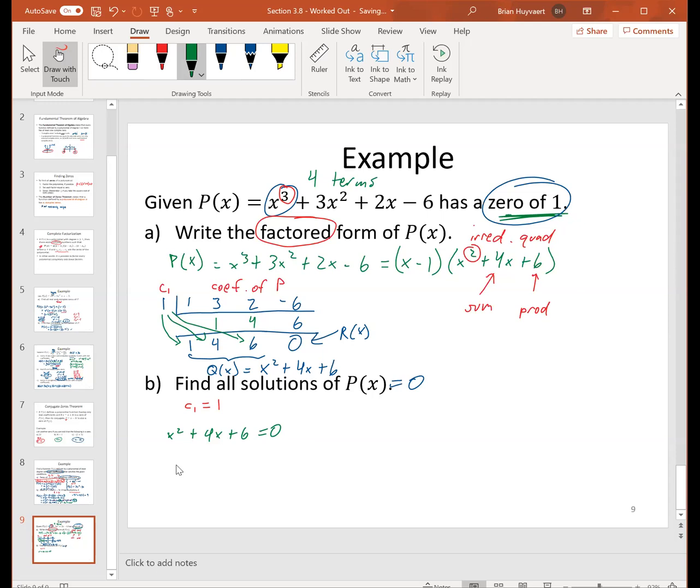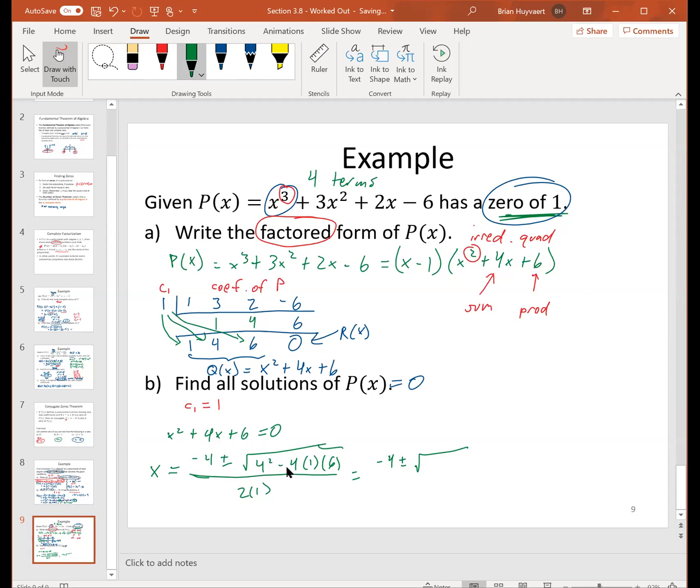We already said factoring doesn't work. So how about the quadratic formula, right? So opposite of b plus or minus square root of b squared minus 4ac, a being 1. And there's a really good chance, it looks like, we're going to get a negative number under here. So -4 plus or minus the square root.